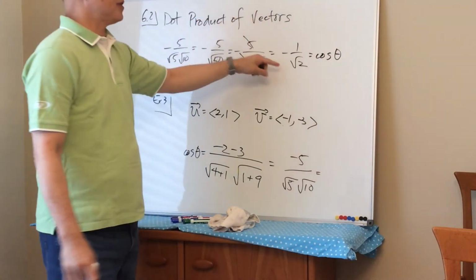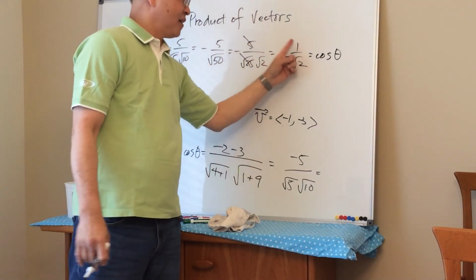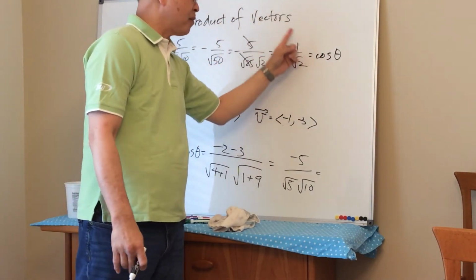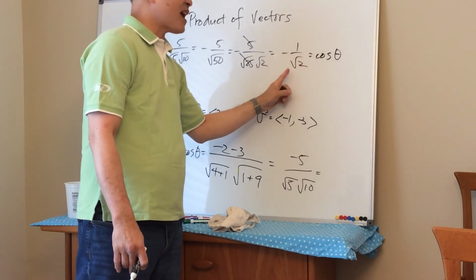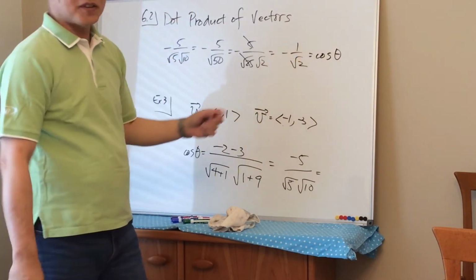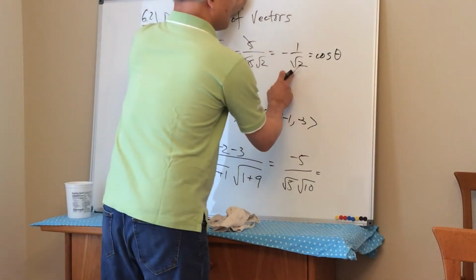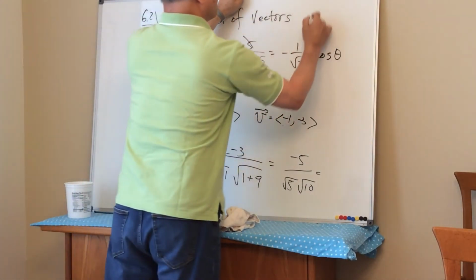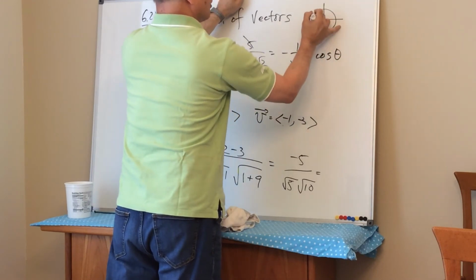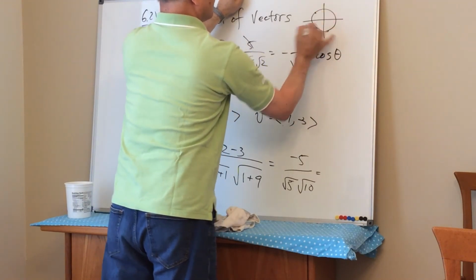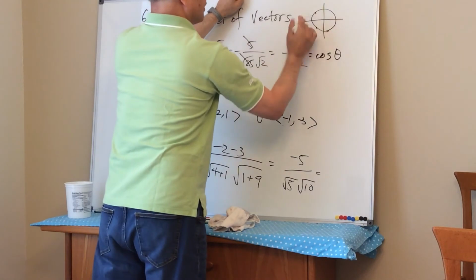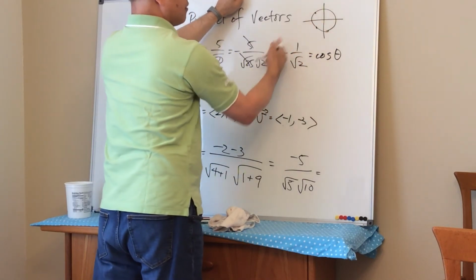So this is a number that you should remember, right? What is the angle here? Anybody know what the angle is here? So cosine is negative 1 over root 2, which is going to be over here and over here, because it's negative.